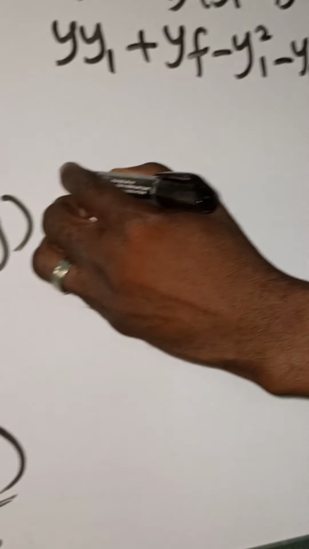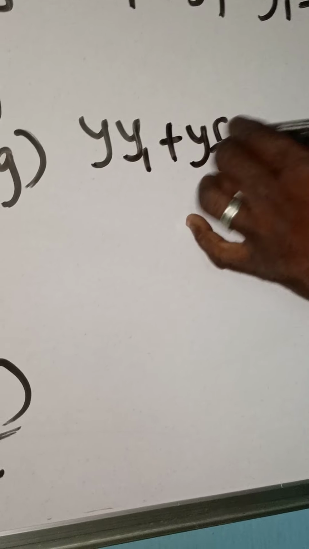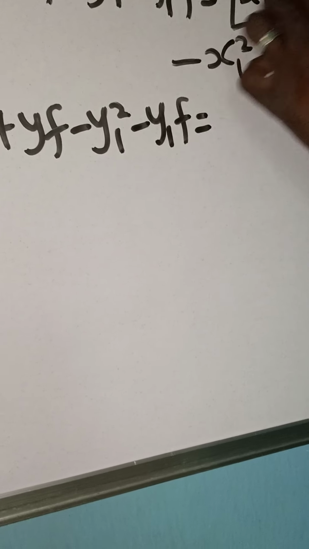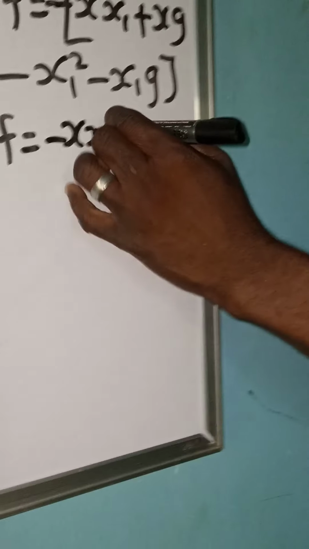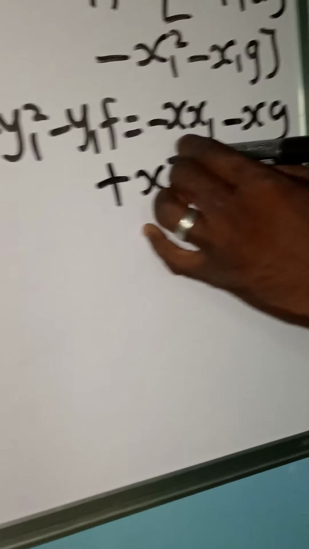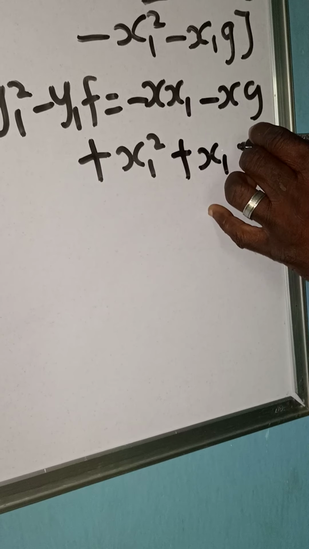So we have yy1 plus yf minus y1 square minus y1f is equal to minus times this: minus x1x minus xg, minus times minus is plus x1 square, minus times minus is plus x1g.